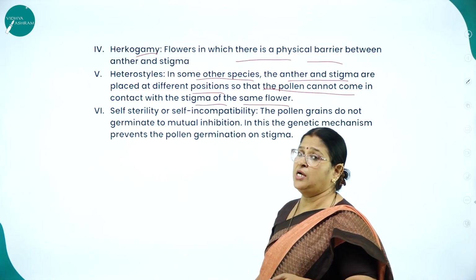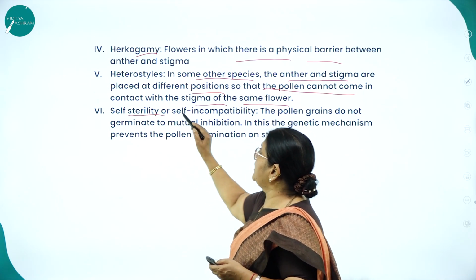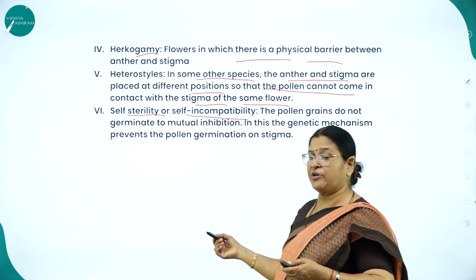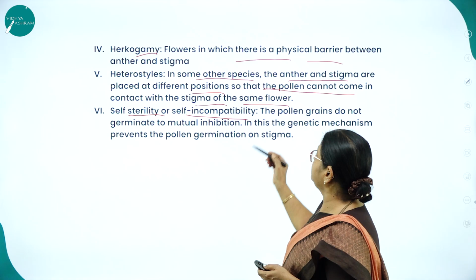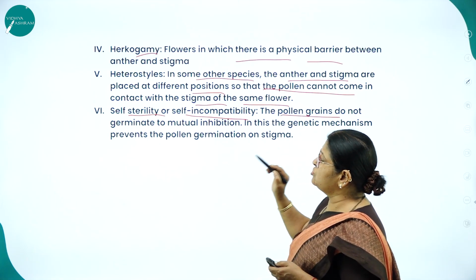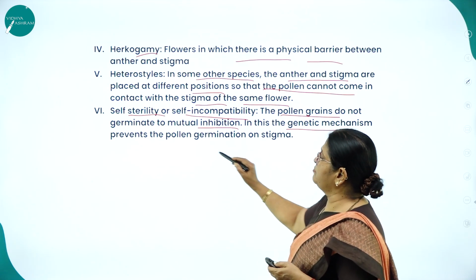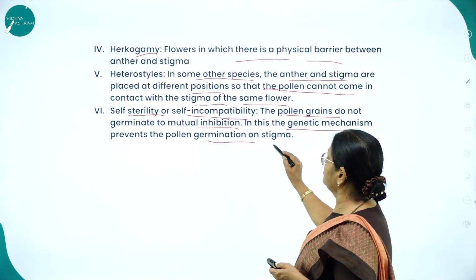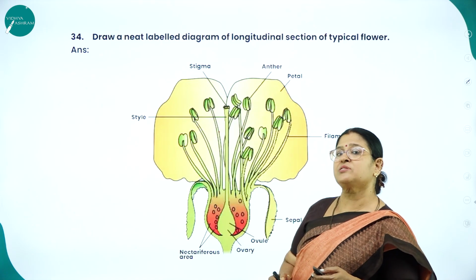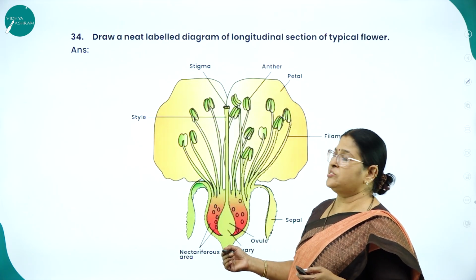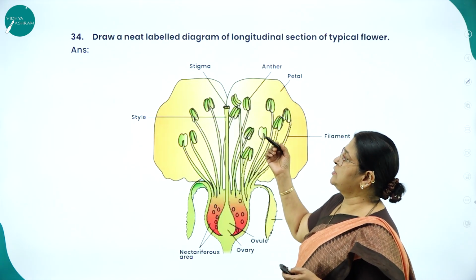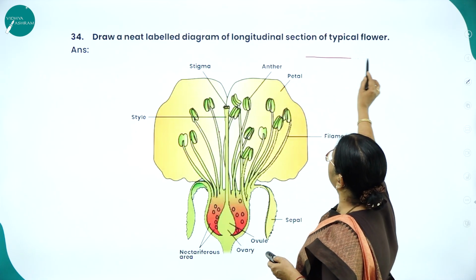Self-sterility or self-incompatibility, as I have already explained in the previous slide: the pollen grains do not germinate due to mutual inhibition, and a genetic mechanism prevents pollen germination on the stigma.